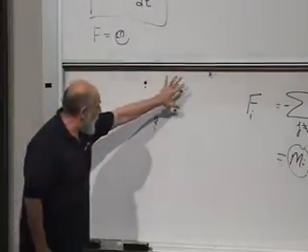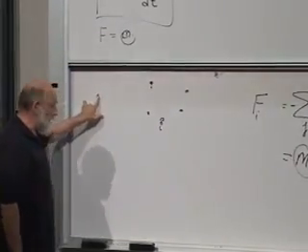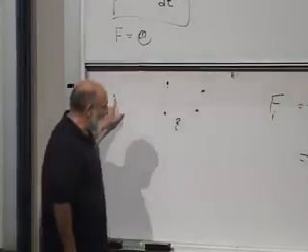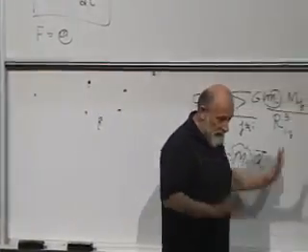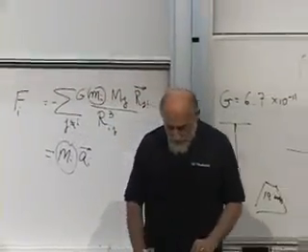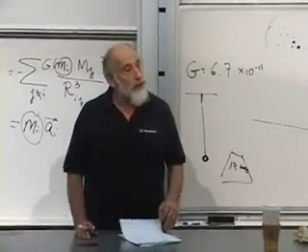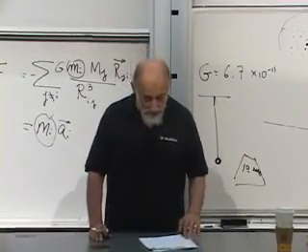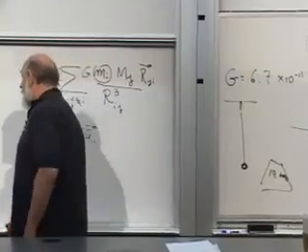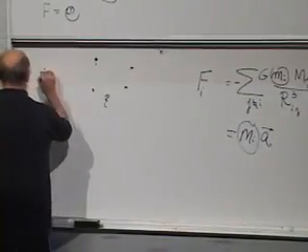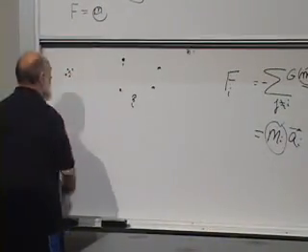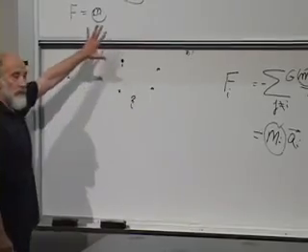That's, again, the equivalence principle, that the motion of a particle doesn't depend on its mass. And if we had a whole bunch of particles here, if they were close enough together, they would all move in the same way.